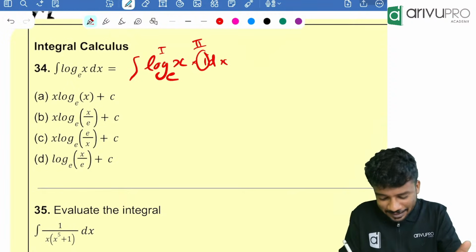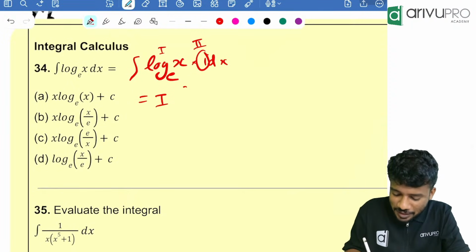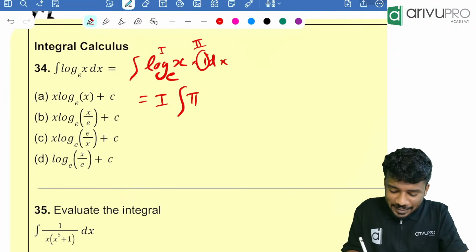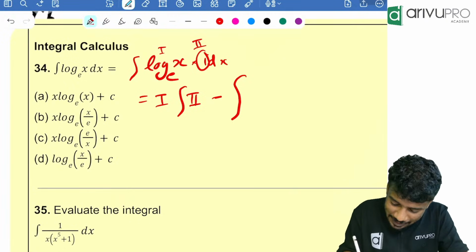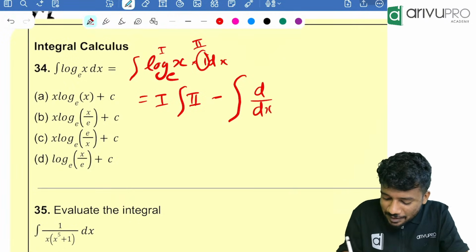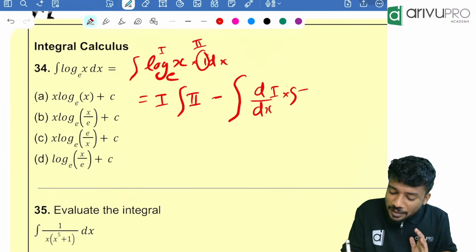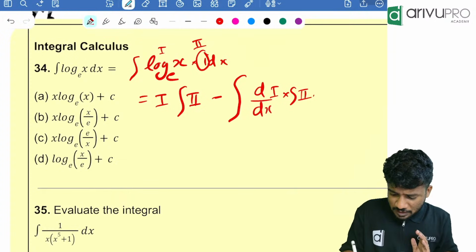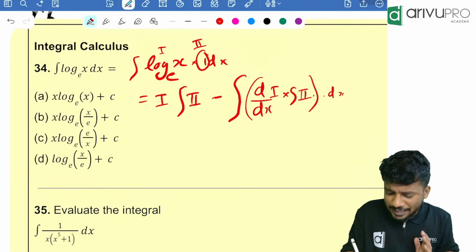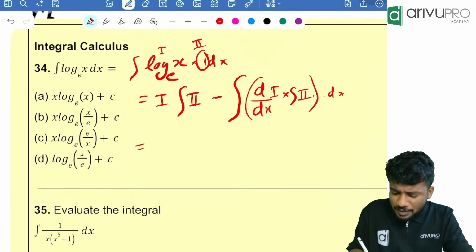So how to write the integral formula? That is first function into integral of second function, minus integral of derivative of the first function into integral of second function, the entire thing dx. Now we apply it.